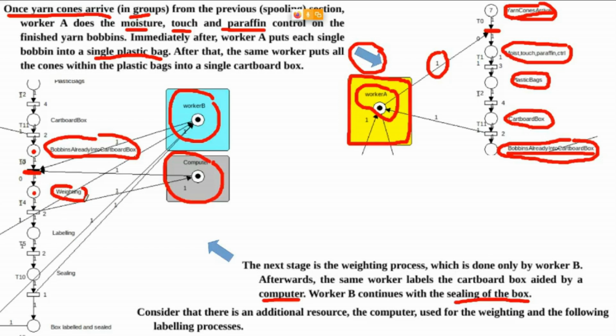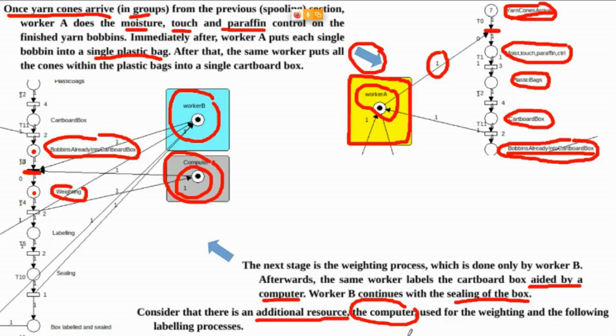But be careful, for the weighing process the worker needs to be aided by a computer. That's why here I need the computer. Once I have finished the weighing process, I deliver back the computer to be idle again. Consider that there is this additional resource, the computer, used for the weighing and the following leveling process.